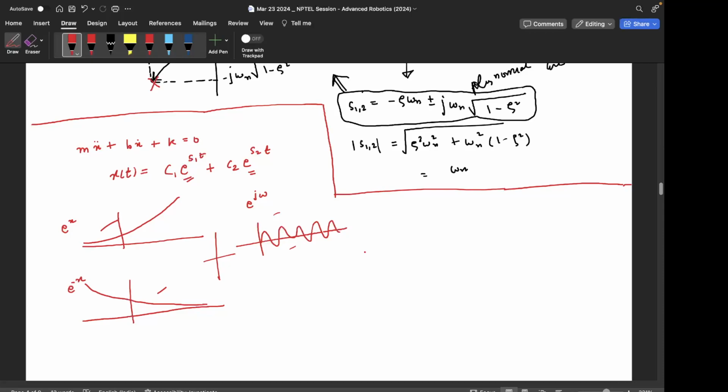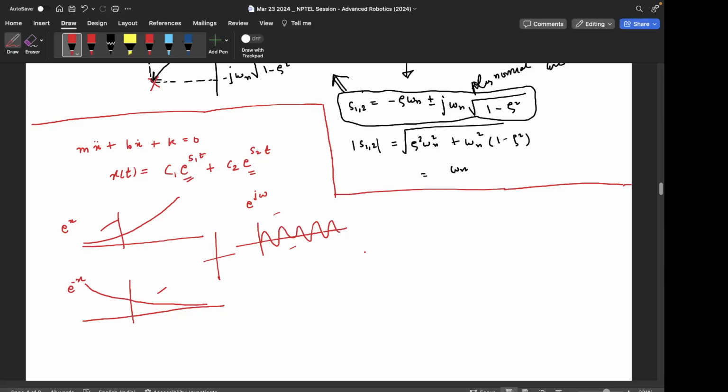There should not be any component that can increase with time, because that's the thing we can't control, and it will make the system unstable. So slow or fast is a secondary thing. The first thing is that it should go to zero, which is happening in the exponentially decaying case.